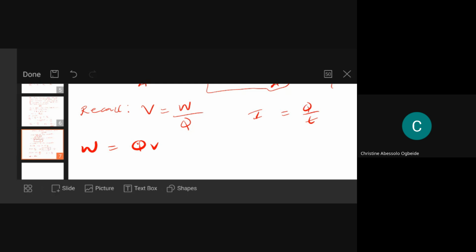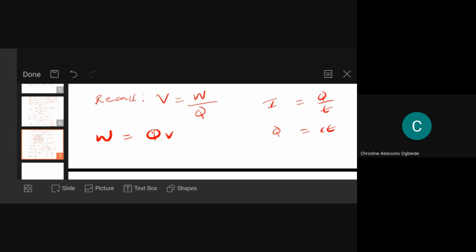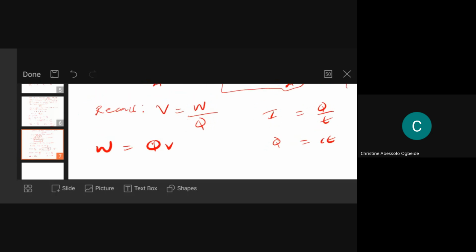If I cross multiply there, Q is going to be what? IT. So if I replace this Q with IT, I'll have that W, the work done, becomes I multiplied by the time multiplied by V. Or let me write it more conventionally: W is equal to IVT.